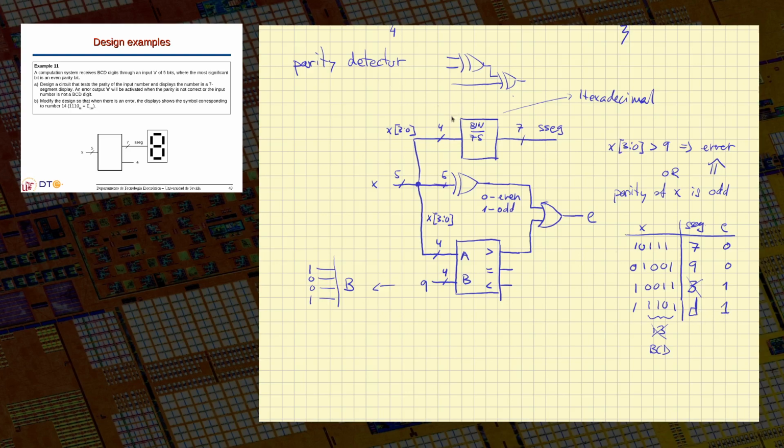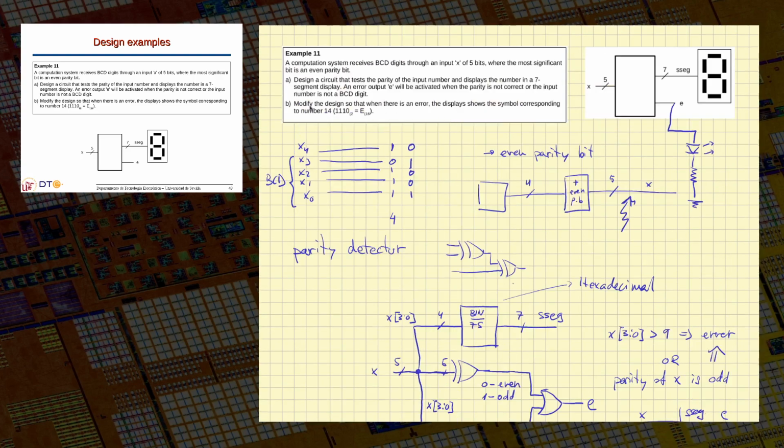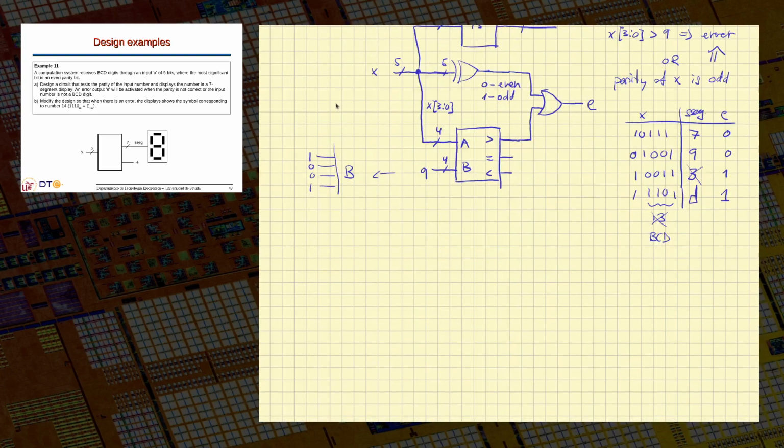So the good thing is that if we have a hexadecimal converter and we have an error, it will be very nice that in cases like this, instead of representing a D, for example, if x is equal to what we have here, 1, 1, 1, 0, 1, we would like E to be equal to 1, it's not BCD, but we would like to represent it by showing an E letter in my 7-segment converter.